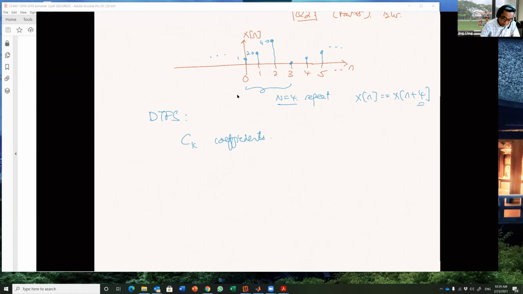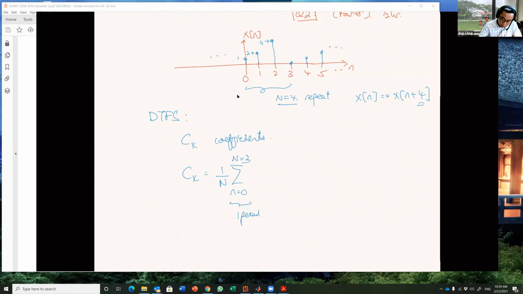You must memorize this equation, or you have one page of cheat sheet, so you must use that cheat sheet to write down the equations. No equations will be provided for the quiz. In the exams, if you look at the exam papers, we did give you some equations, but in the quiz, there will be none. So it will be 1 over N, summation of n equals 0 to 3, because there's only one period.